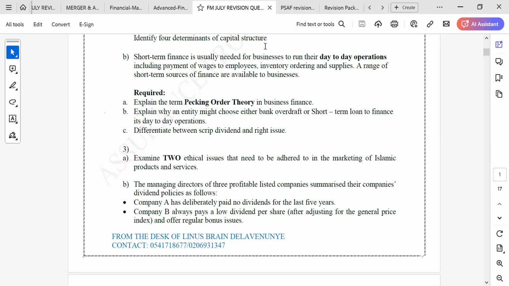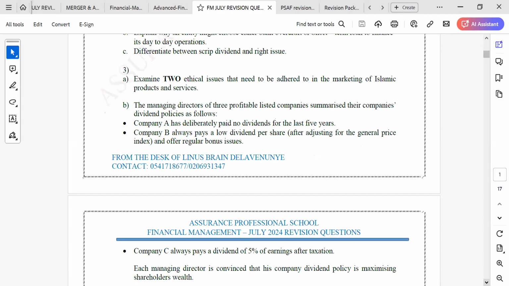B. The managing directors of 3 profitable listed companies summarized their company's dividend policy as follows. Company A has deliberately paid no dividend for the last 5 years. Company B always pays a low dividend per share after adjusting for general price index and offers regular bonus issues.